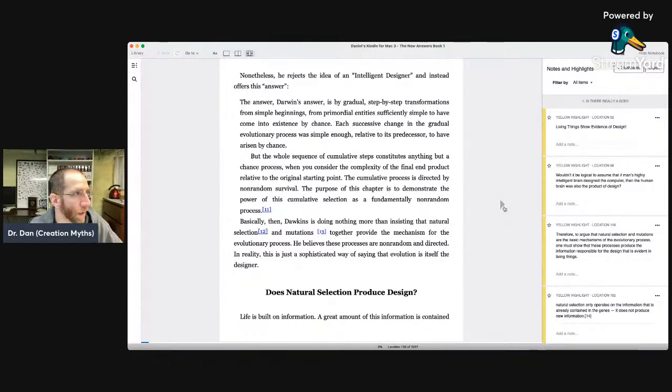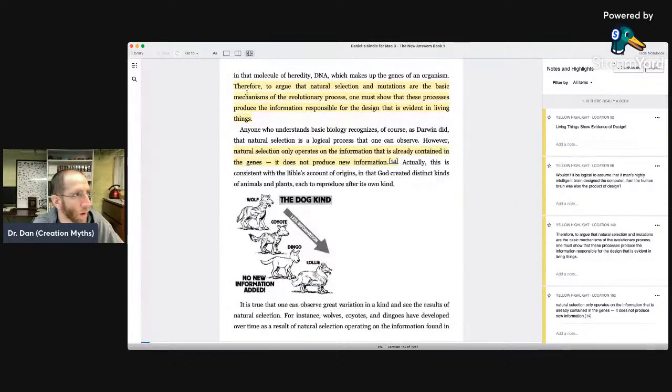So here's what we see. We say, therefore, to argue that natural selection and mutations are the basic mechanisms of the evolutionary process, one must show that these processes produce the information responsible for the design that is evident in living things. If you've watched my stuff, you know right away what a problem is here. Natural selection and mutation are not the only mechanisms of evolution.